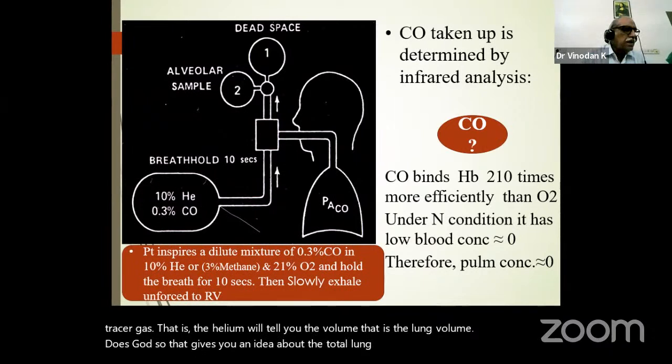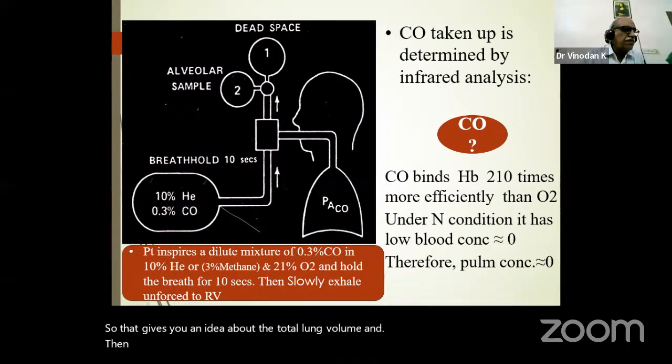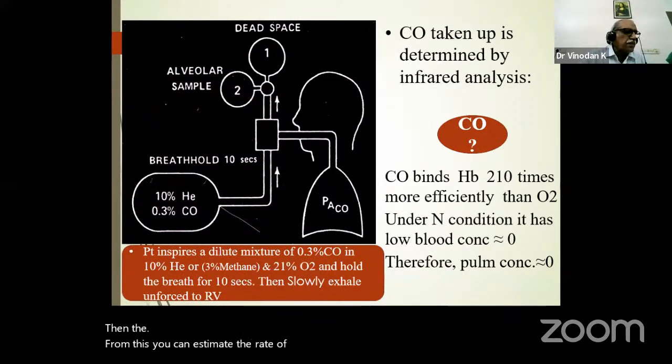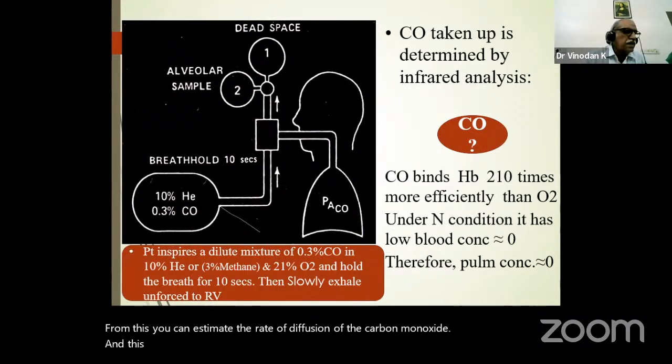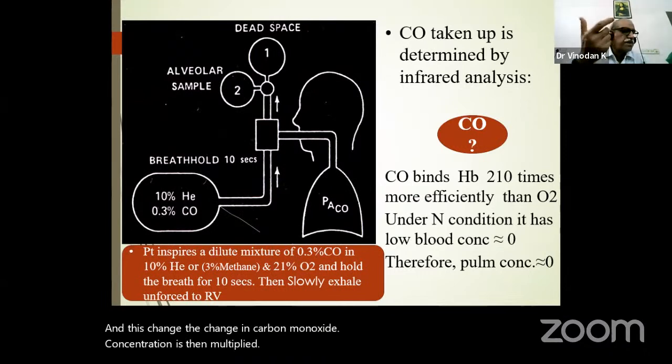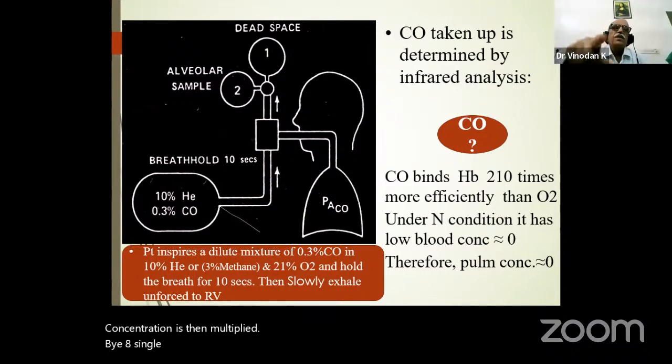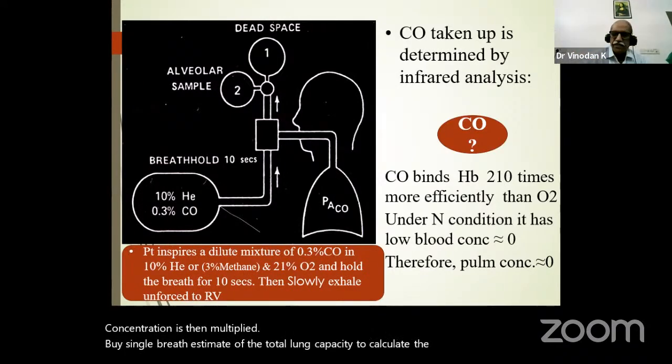And then from this, you can estimate the rate of diffusion of the carbon monoxide, and this change in carbon monoxide concentration is then multiplied by the single breath estimate of the total lung capacity to calculate the diffusing capacity.